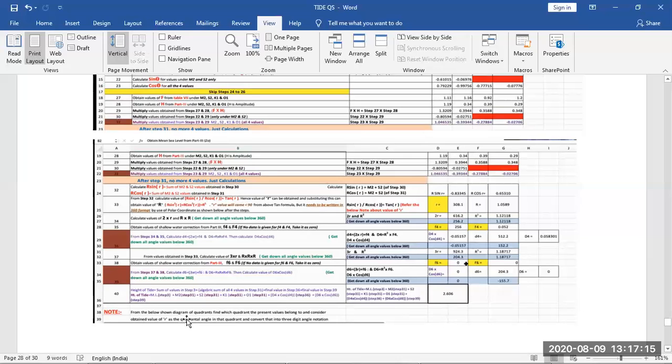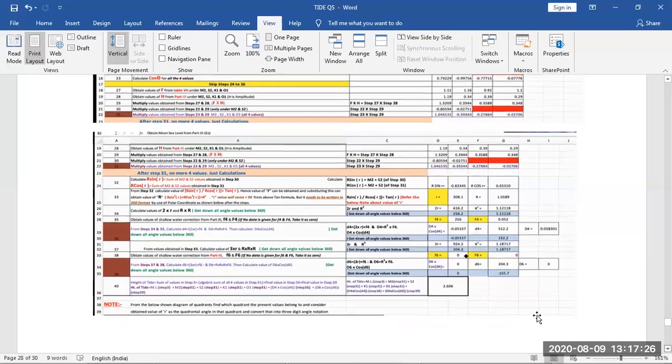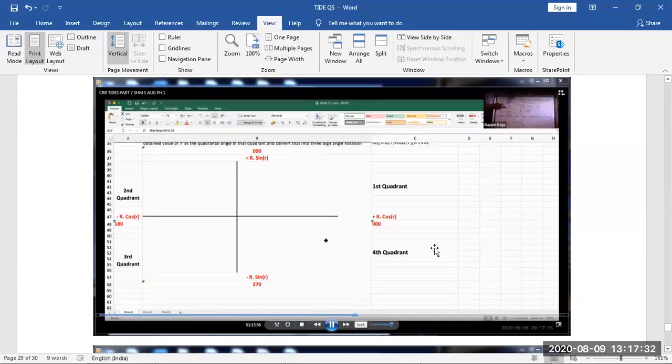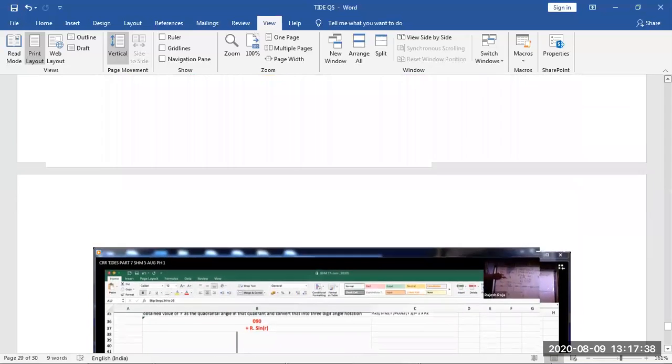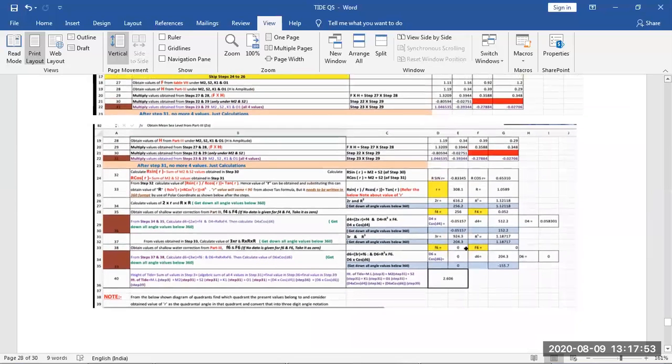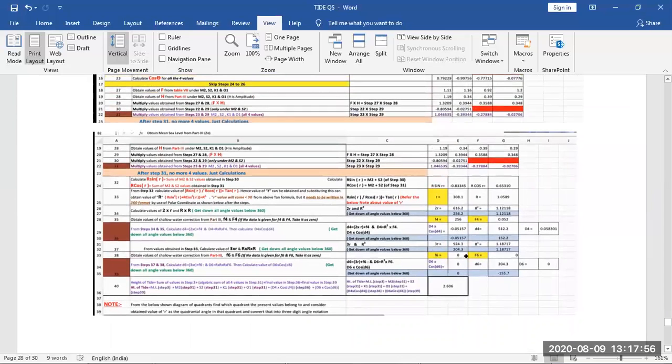From the diagram of quadrants shown below, we can find the value of r, which is called the polar quadrant. Let's see how we calculate. Our value of r was around 52.